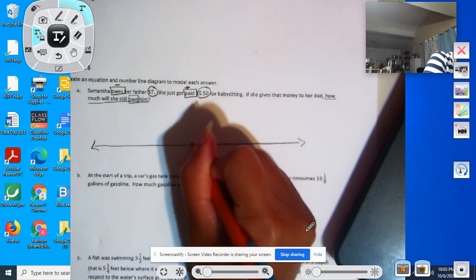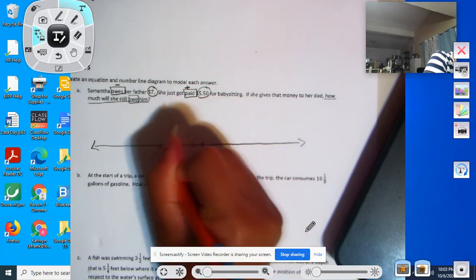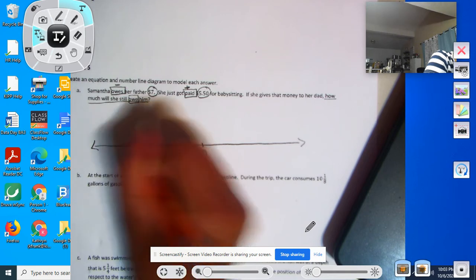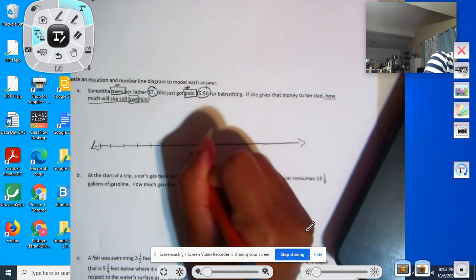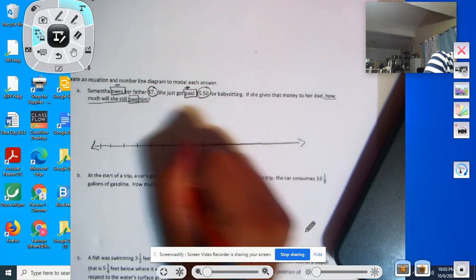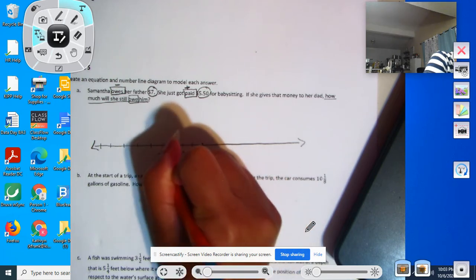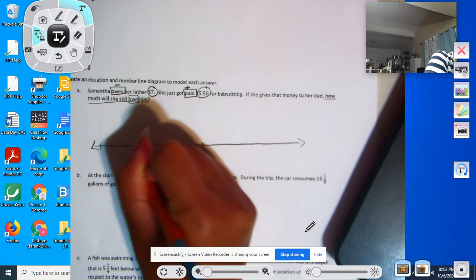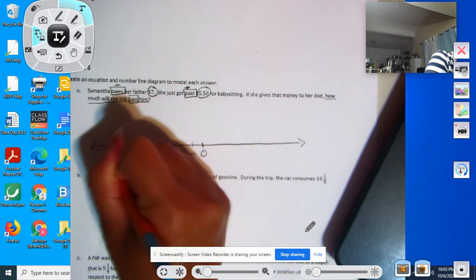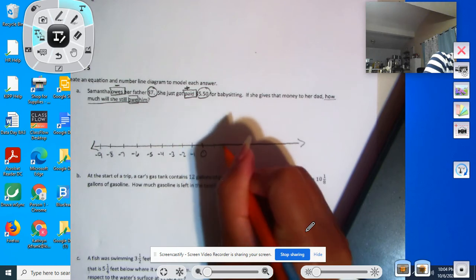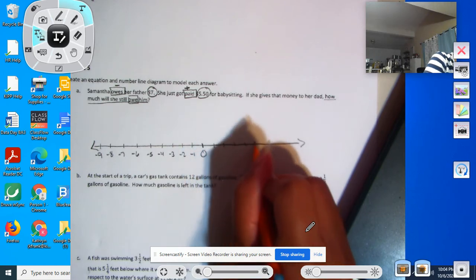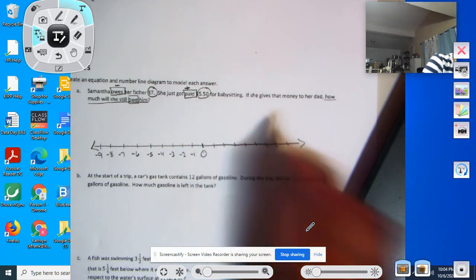And then I'm going to go 1, 2, 3, 4, 5, 6, 7, 8, 9. Okay, so that's -1, -2, -3, and so on and so forth. I'm going to finish labeling out my number line here. And then I could go positively in the other direction as well.